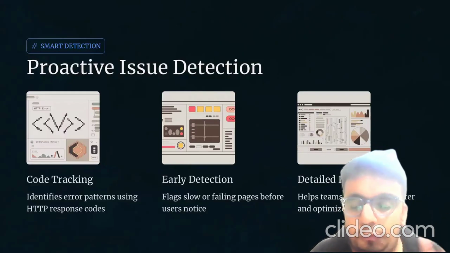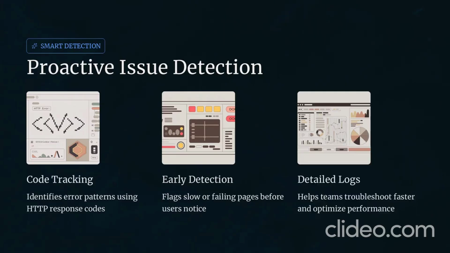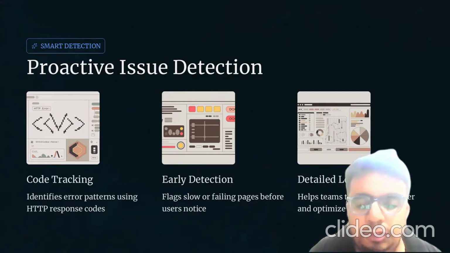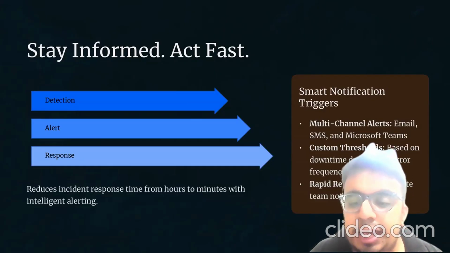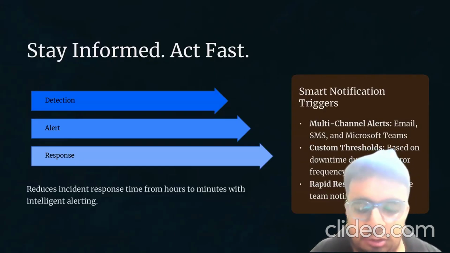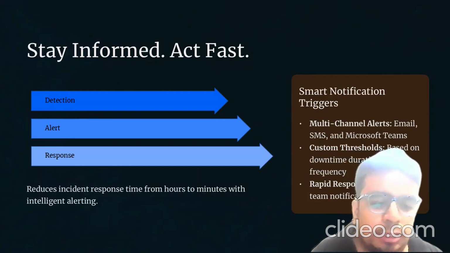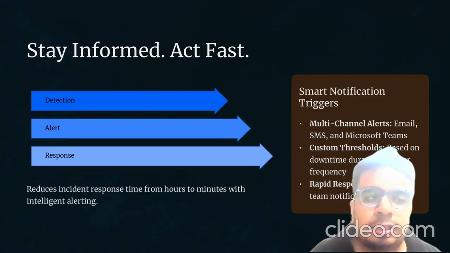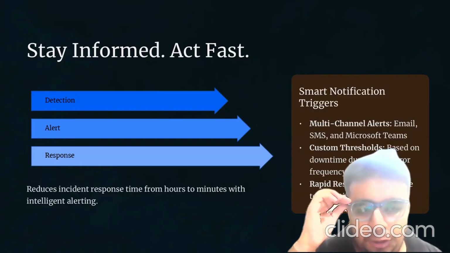So what we can do here is code tracking, then early detection, detailed logs, then detection, the alert system, and then the response, which is sent to the software team, including me, the developers, and whoever the software belongs to.